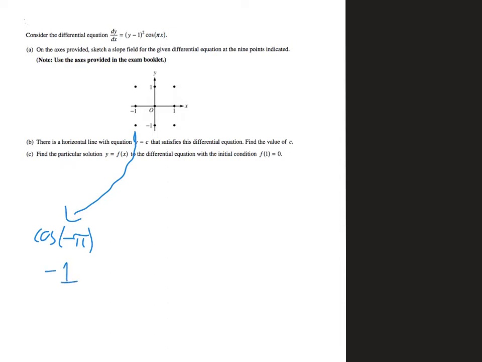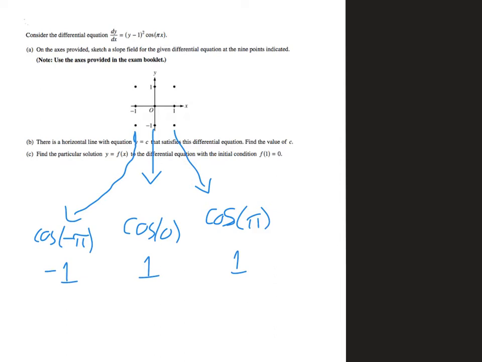When the x's are 0, we're going to get cosine of 0, which is +1. And when the x's are 1, we're going to get cosine of pi, which is just -1. If you have a hard time with those values, make sure that you're brushing up on your basic unit circle trigonometry there.